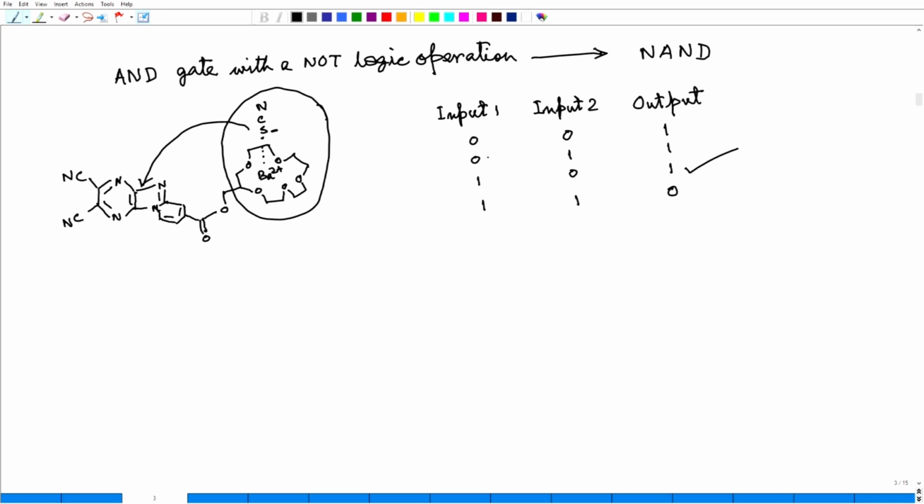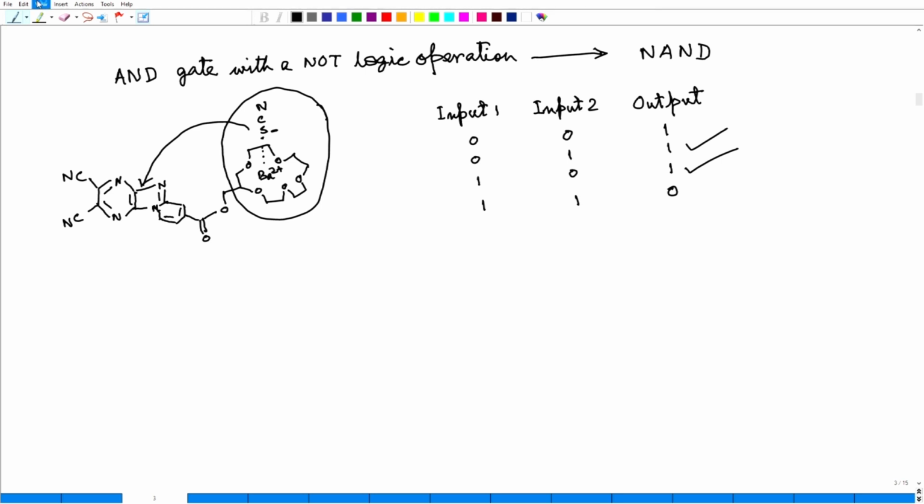So, this one has no barium, only thiocyanate present, but this is a negative. So, there will be PET. Alright, there will be no PET because it is hanging here and there, thiocyanate is hanging. Because no PET, I see a very strong output, high fluorescence.